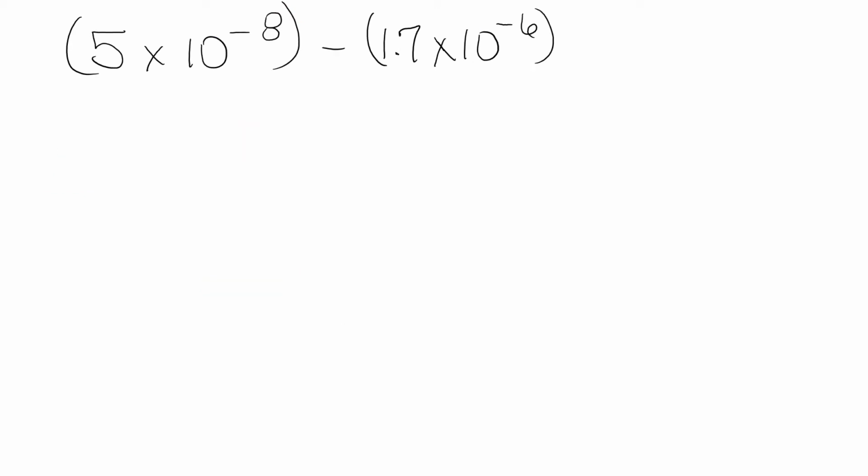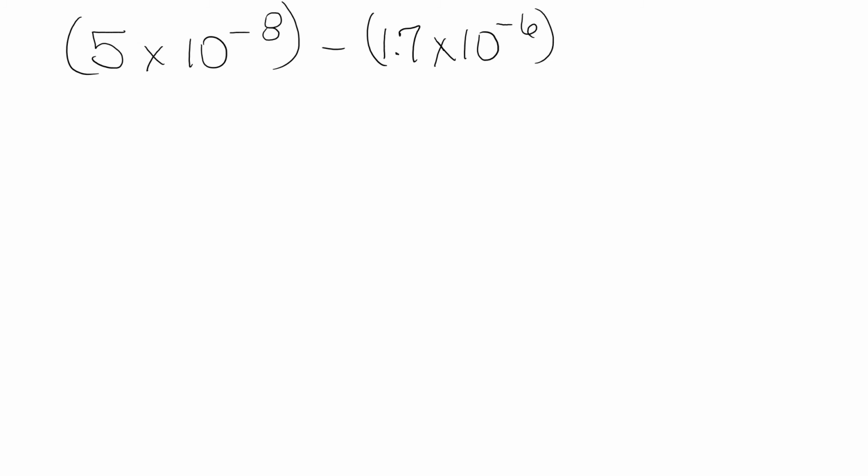The final example on subtracting in scientific notation and adjusting our exponents is 5 times 10 to the negative 8 minus 1.7 times 10 to the negative 6. We are going to adjust our exponents so that they match, which will align our front factors with their place value. Negative 6 is your largest exponent, so we're going to need to adjust this negative 8 so that it is a negative 6.